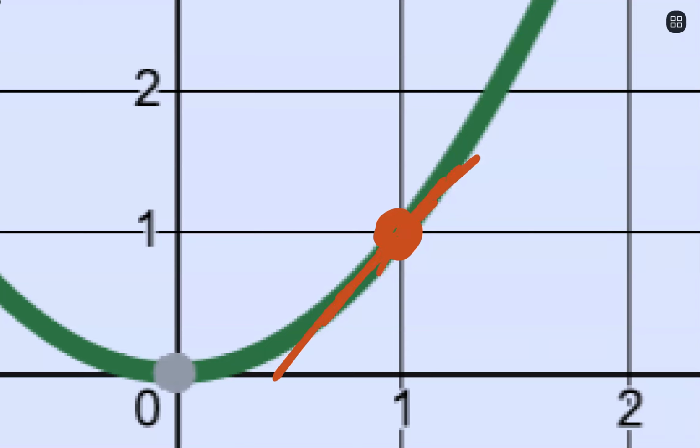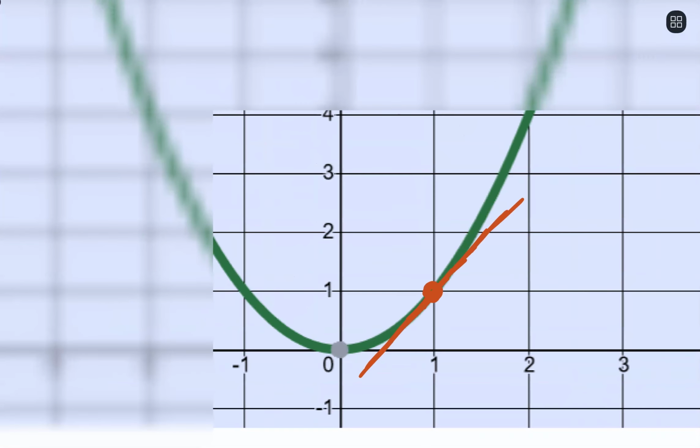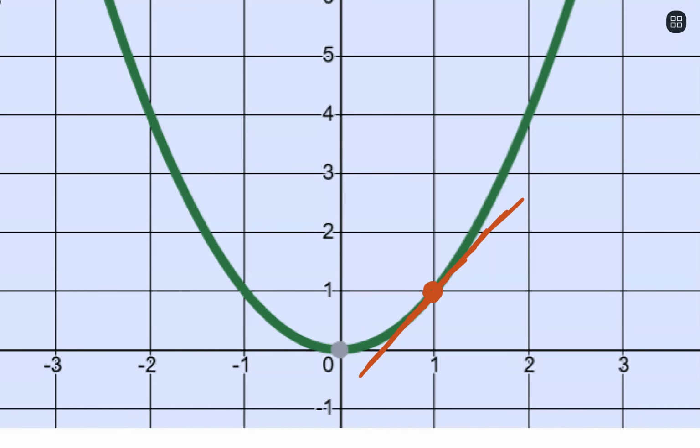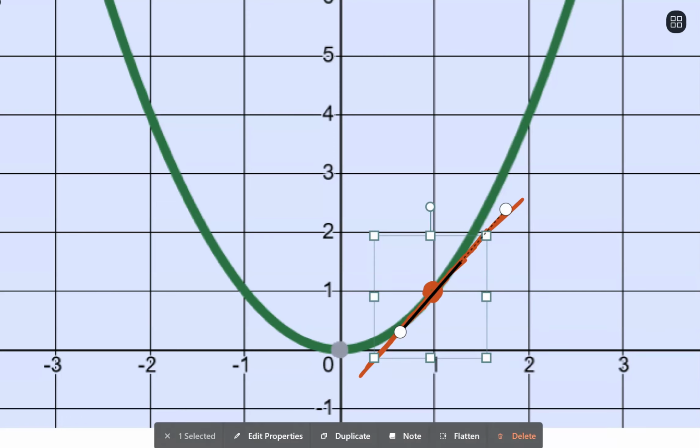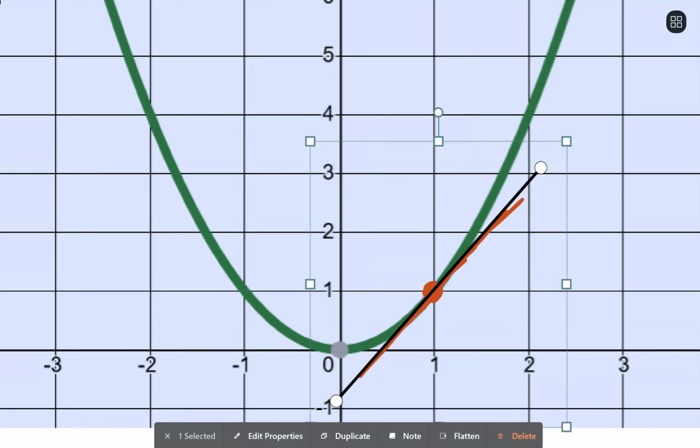There will be flaws, but I'll get as close as I can to get an idea, and then I could zoom out and extend it further. Maybe I should use a straight line here. Okay, so I have my parabola, and at (1, 1) I have this line that's trying to match the rate of change right around (1, 1) as closely as possible. This is how I'm drawing a line with just one coordinate.